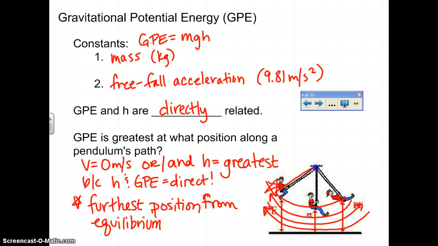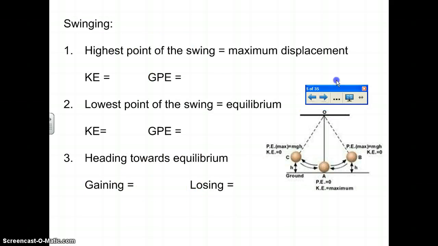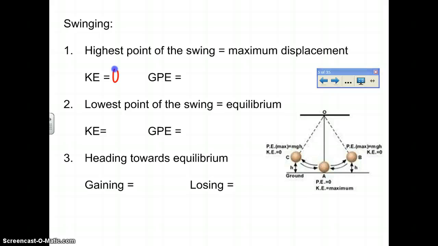So here, on a swing, the highest point of the swing will be your maximum displacement. Your KE is going to be 0 joules, right, because you're not moving. Your GPE is going to be at its maximum value, maximum joules.